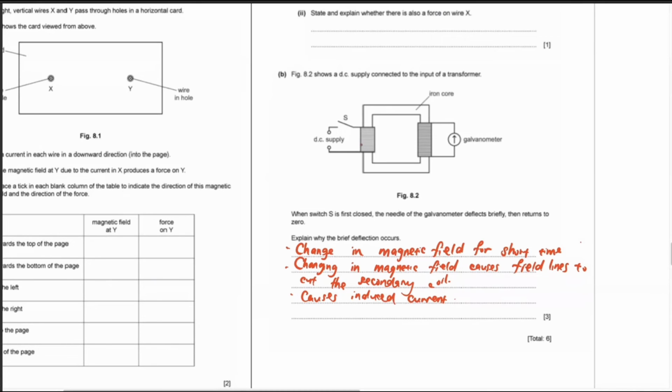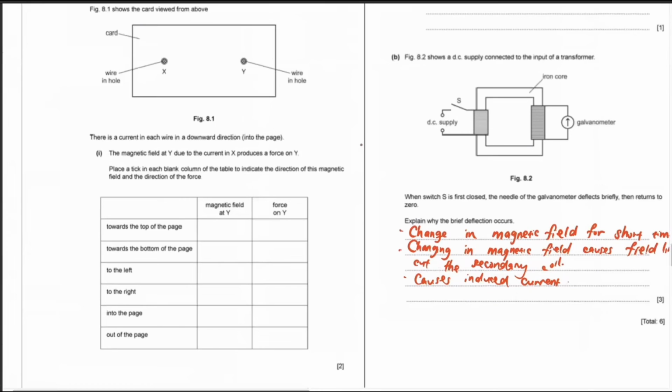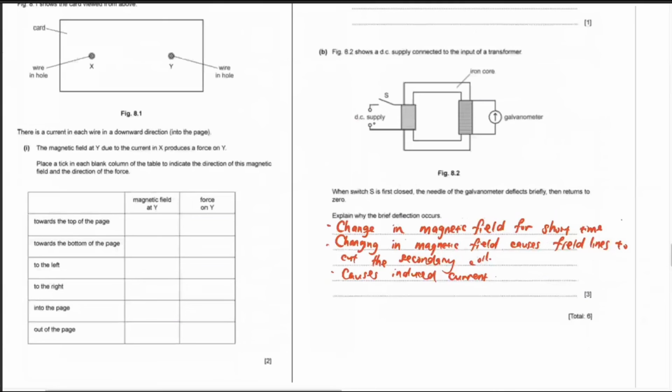So, sir, it is said that there's a DC supply in front of the transformer. What does that mean? DC supply means direct current supply. Direct current means the current flows in one direction only. Just now when we were discussing the notes, you said that for transformers there will be only AC current, right?